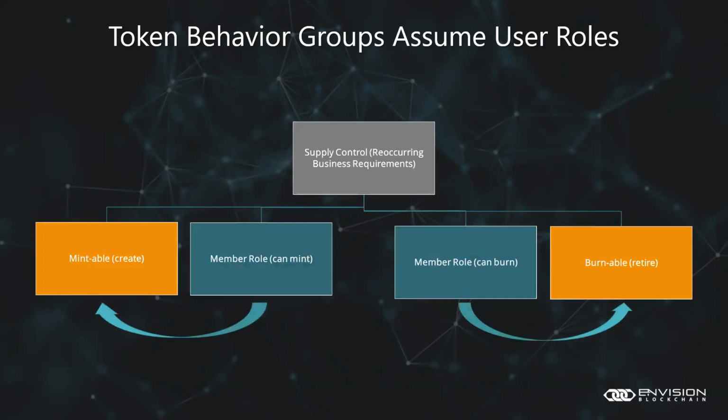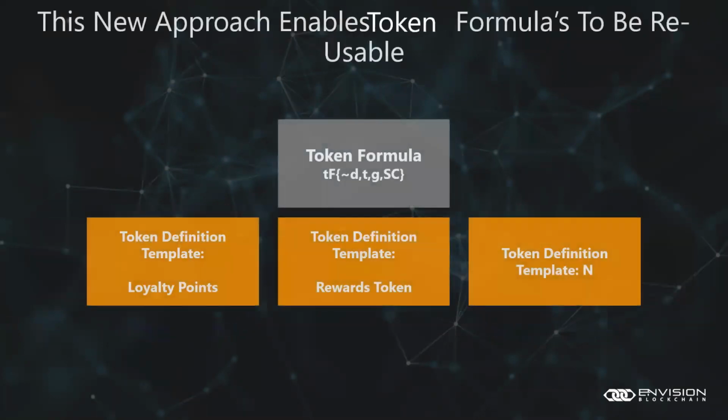So mint and burn is of course a member role, a permission that can be assigned, or rather defined, through the token definition template that we were talking about. And this token behavior group is an additional artifact, which is of course a grouping, which sits to the right of the behaviors in the token formula, and we'll give a brief example.